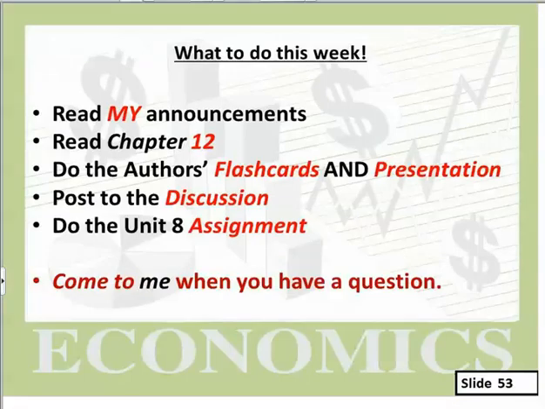Now, what do you have to do this week? Well, we only have one chapter, chapter 12, and you'll notice there's a lot of similarity in this assignment and in the cost, just like we had last week. So in your assignment, you're going to have more computing of the costs, because remember, Unit 8 is a combination of Unit 7 and Unit 8, so they're combined.